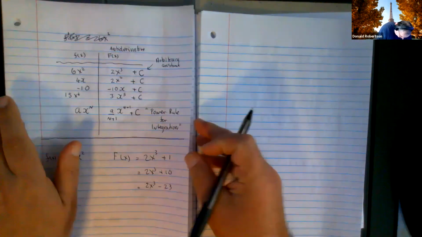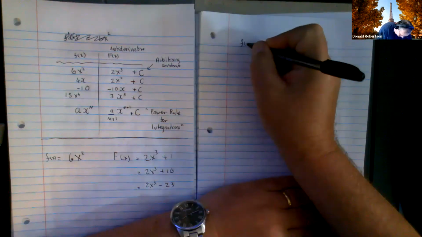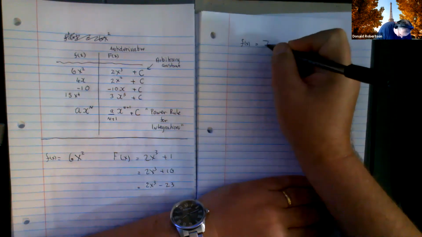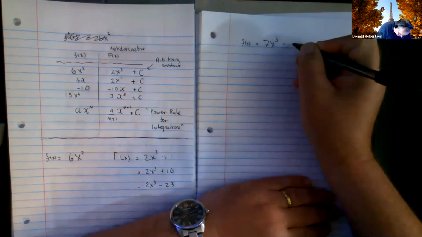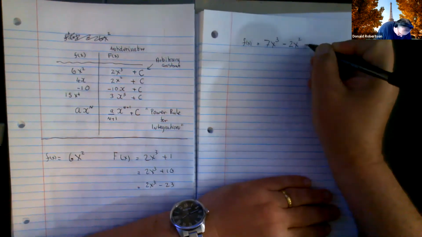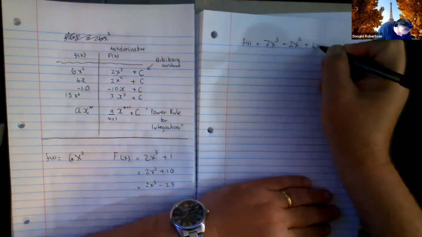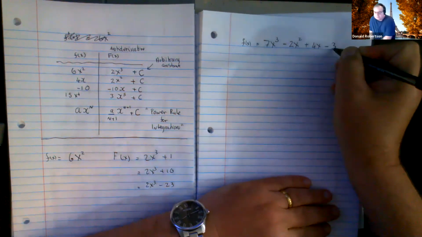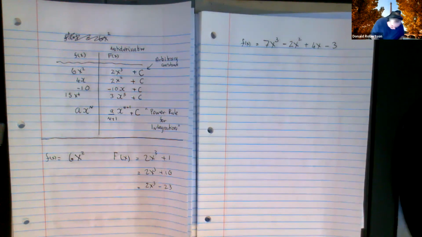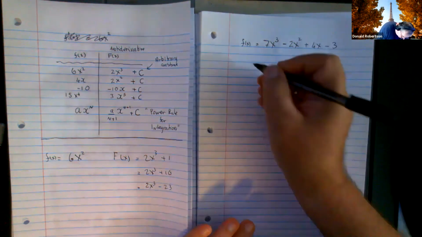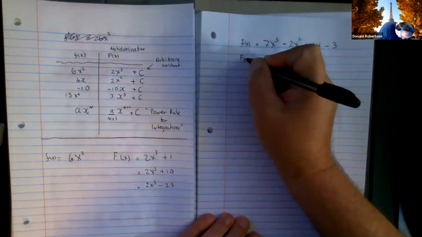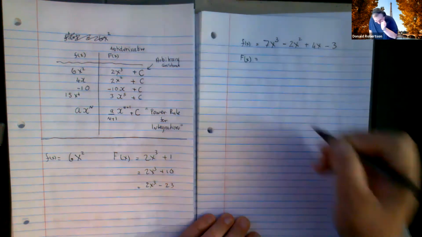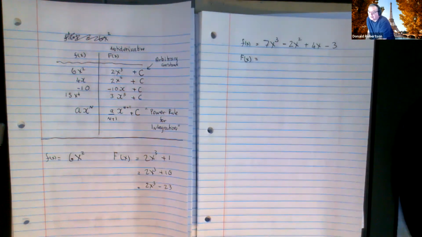So how about 7x cubed take away 2x squared plus 4x minus 3. And underneath, I'll do its antiderivative. And yep, I've decided to give you ugly numbers instead of nice round ones now.